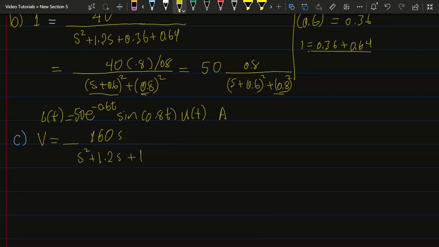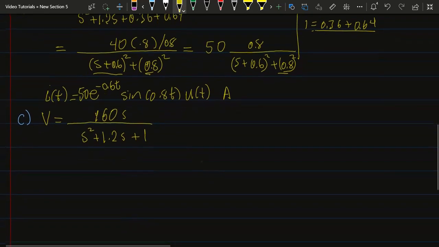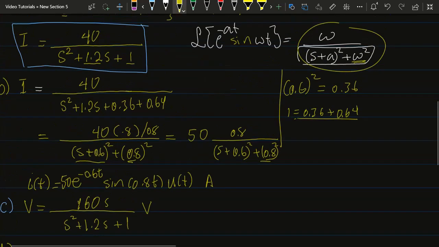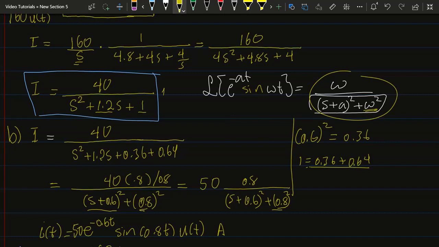And just for entertainment, I will find part D, which is asking for, and I should not forget the unit in here. The unit is volts, and the unit here is in amperes.